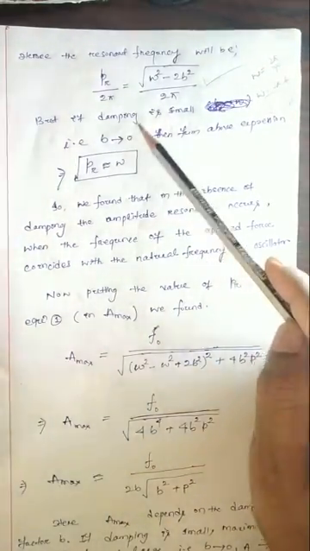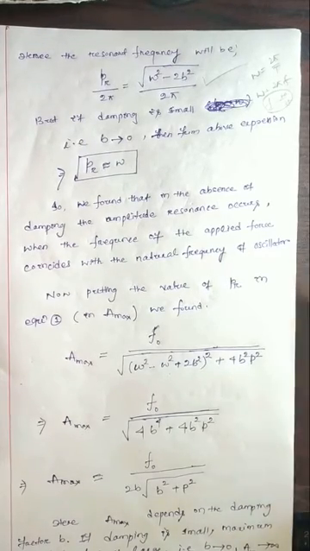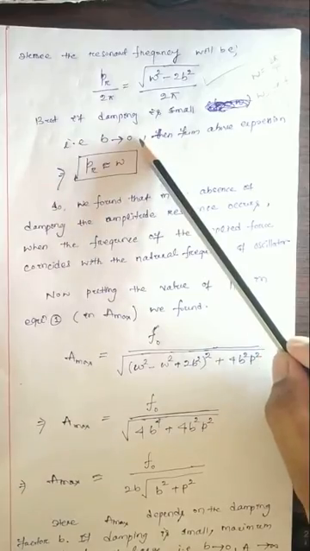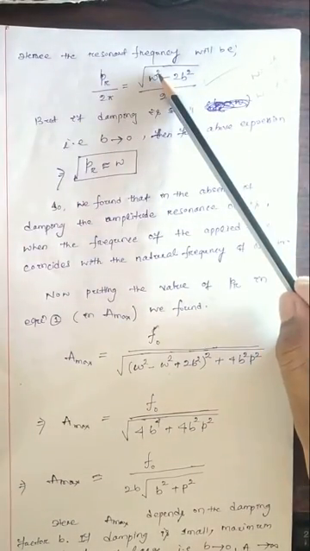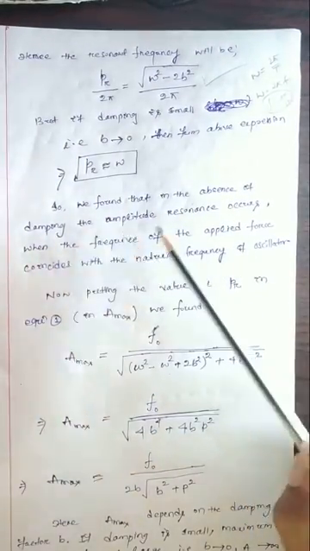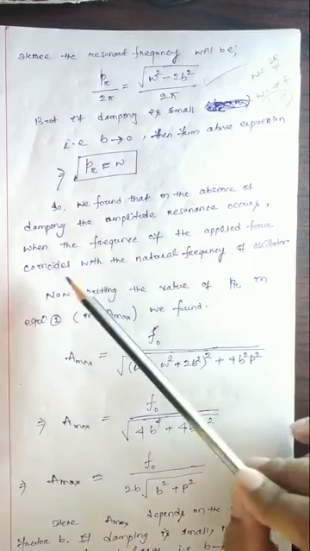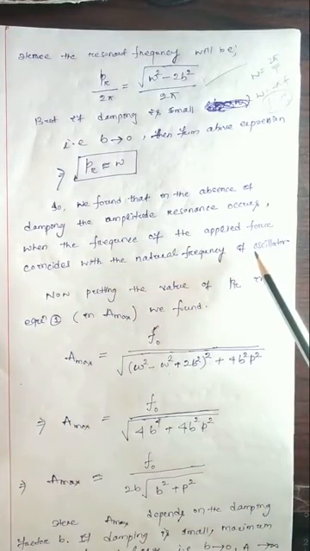But if the damping is very small, suppose there is no resistance from the air or the medium, then b will be equal to 0. If b is equal to 0, then pr is equal to omega. That means we found that in the absence of damping, resonance occurs when the frequency of the applied force coincides with the natural frequency of the oscillation.